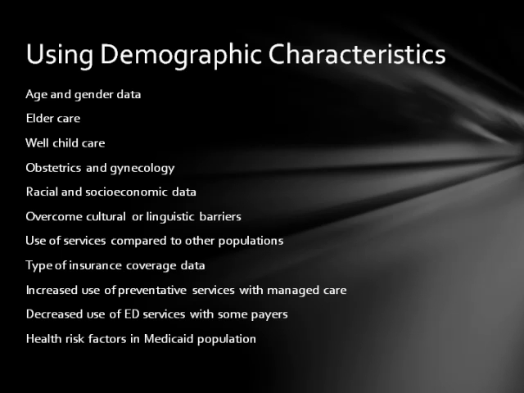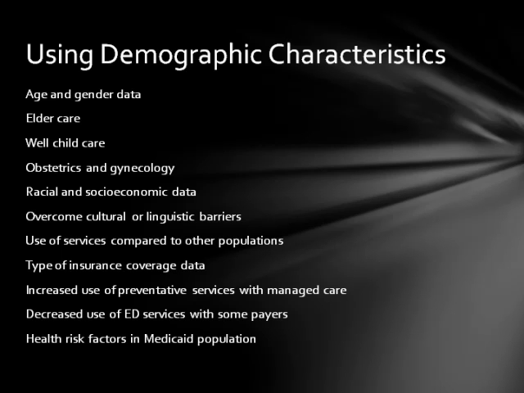So the next one I have is using demographic characteristics. We kind of already covered a little bit. Age and gender data: elder care, child care, obstetrics and gynecology. Racial and socioeconomic data: overcome cultural and linguistic barriers, use of a service compared to other populations.